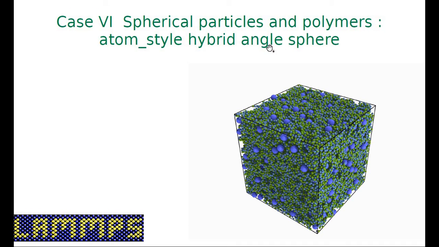So this is a combination of the properties of both atom styles, angle and sphere. There are other combinations. It could be bond and sphere, it could be bond and ellipsoid. So there are certain allowed combinations, but in this example we are working with this one.